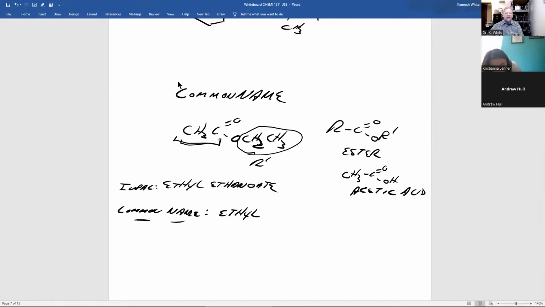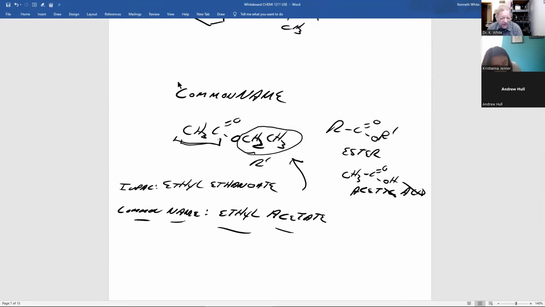So to use the IUPAC way, but with the common name, use the common carboxylic acid, drop the IC in the word acid, and add ATE. And this is the name everybody uses for that structure, ethyl acetate.